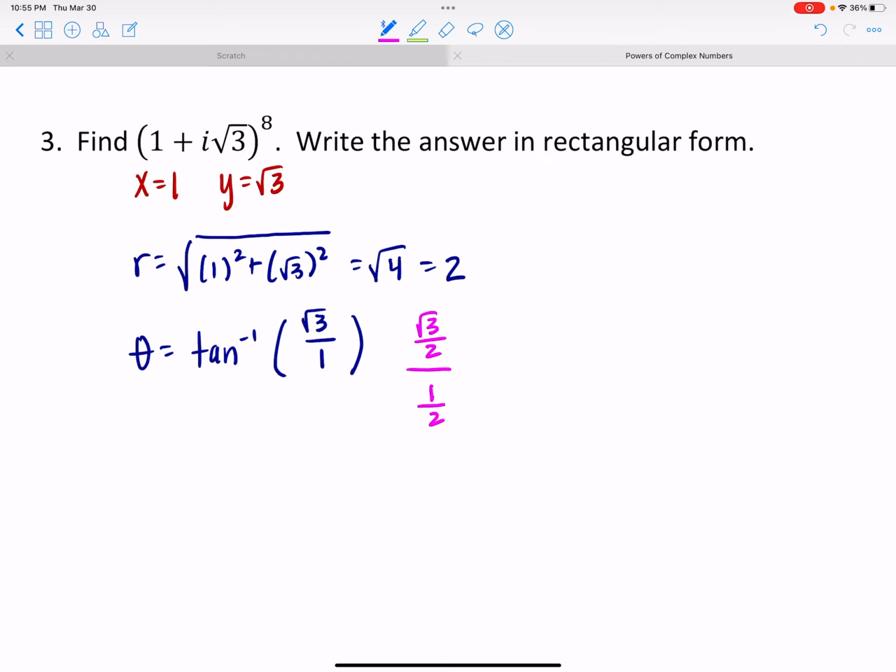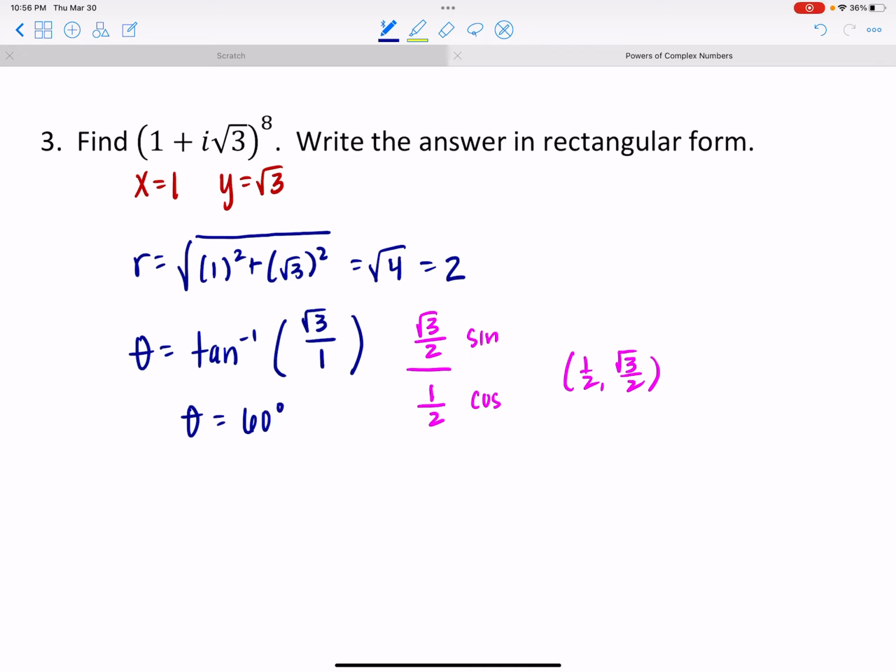So this is our sine, or our y. This is our cosine. And that means we're looking for a coordinate that is 1/2 and then radical 3 over 2. And it's in quadrant 1. Everything is positive here. So that's going to happen at 60 degrees. So that means our theta is going to be 60 degrees.